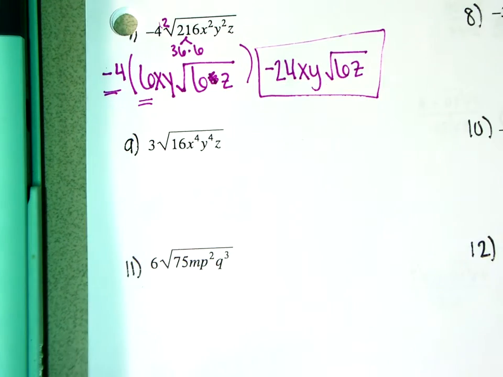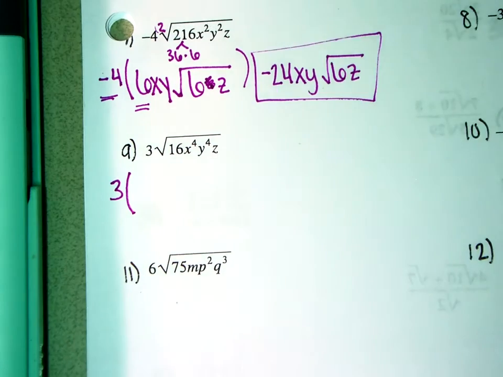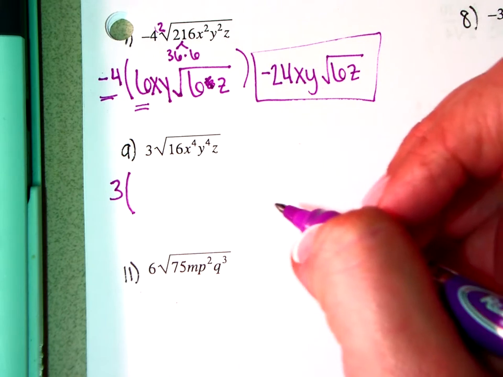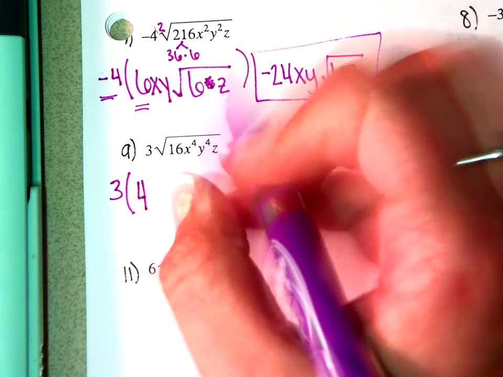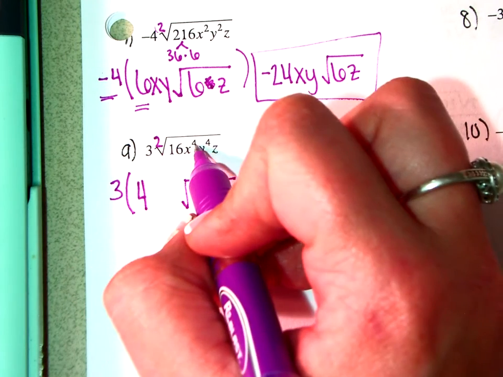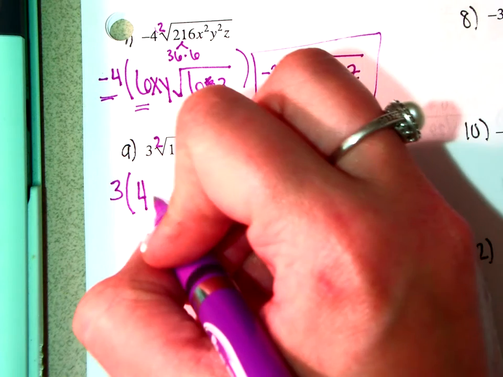All right, let's try the next one. Again, 3 along for the ride until the end. The square root of 16, we should recognize that as a perfect square. The square root of 16 is 4. Then underneath my square root, 4 divided by the index of 2. 4 divided by 2 is an even number of 2.